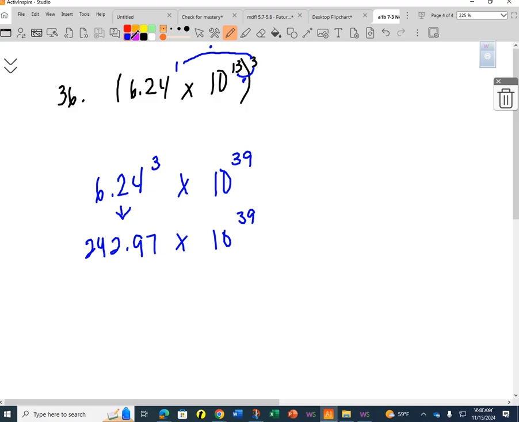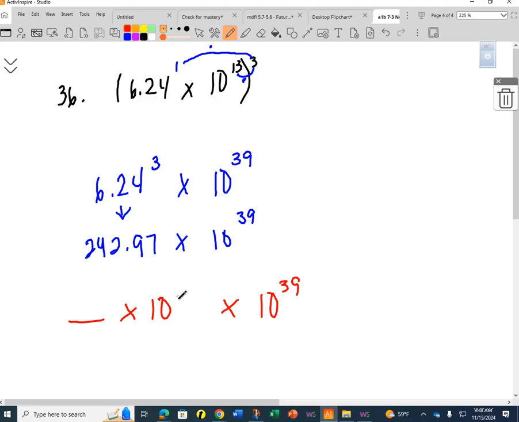Now, is this expression in scientific notation? At first glance, you might think it is, because it's times 10 to some power. But does this number fall in the correct range? No. So we're going to rewrite that expression as some number times 10 to some power, and we can't forget we've got to bring this down. Is this exponent going to be positive or negative? Positive, because this number is greater than 1.